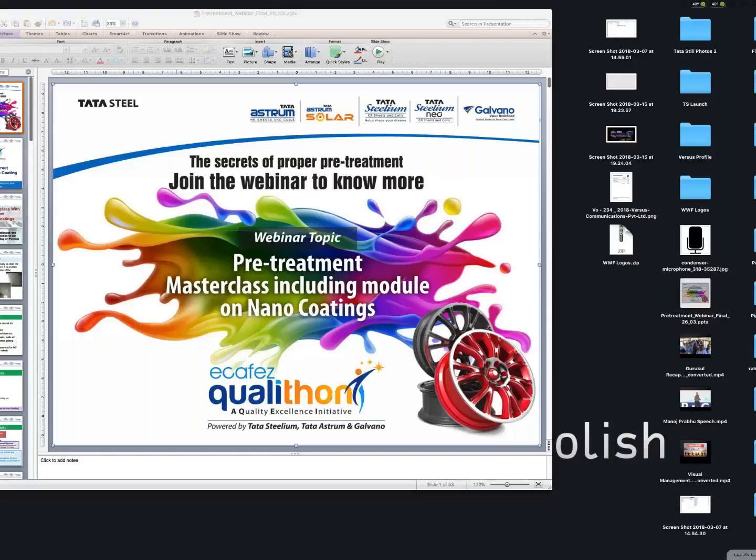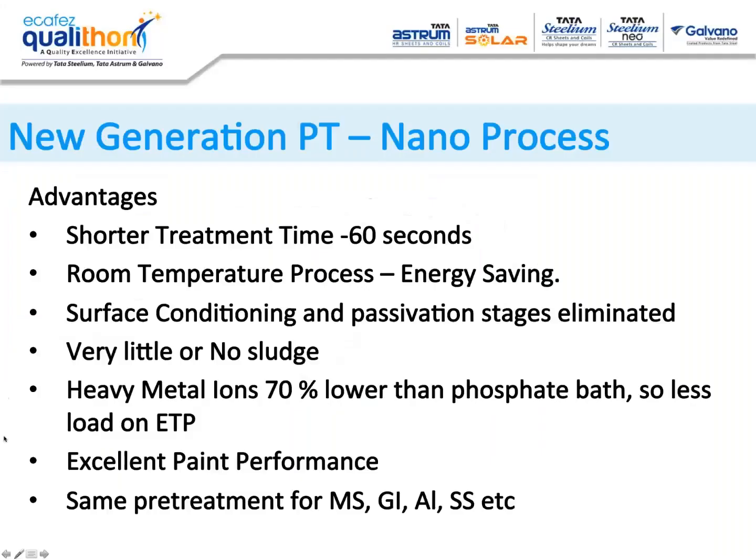Basically, the reason was getting reduced sludge, because disposal of sludge was another problem. So it was important to reduce the sludge as well. So this nano system or nano process, or next generation pre-treatment, was invented.